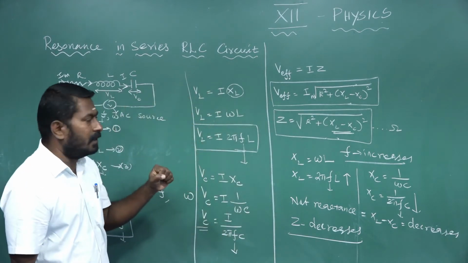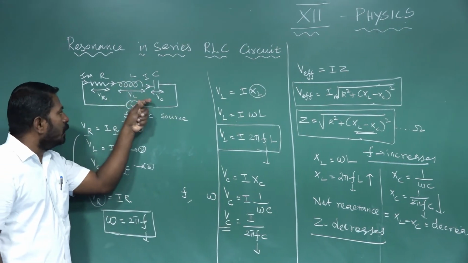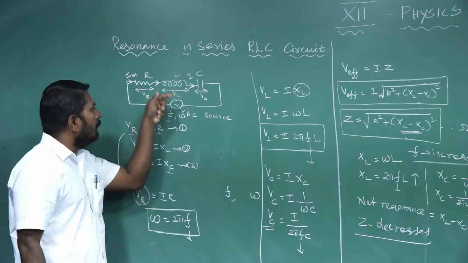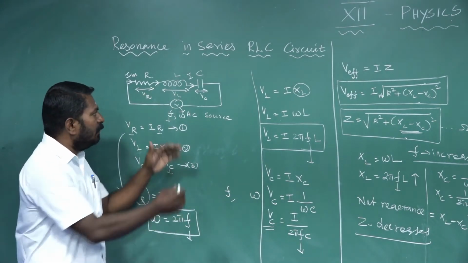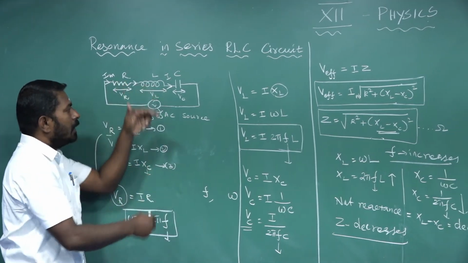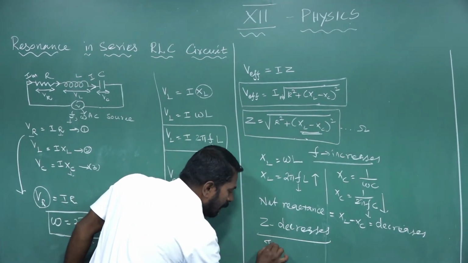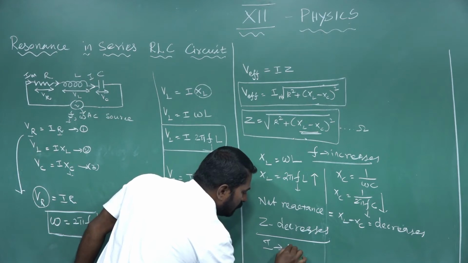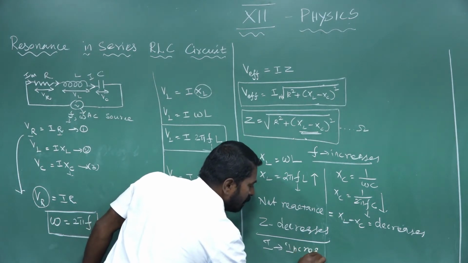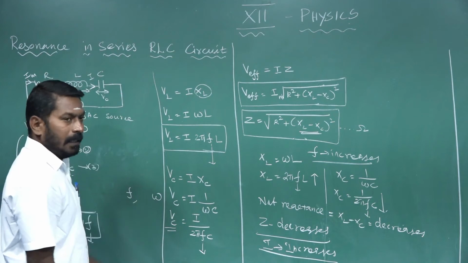What is the impedance of the series RLC circuit? It is the net effective opposition offered by the series combination when alternating current flows through it. If the net effective opposition decreases, then the current through the series RLC circuit increases. So when the Z value decreases, the current through the series combination increases.